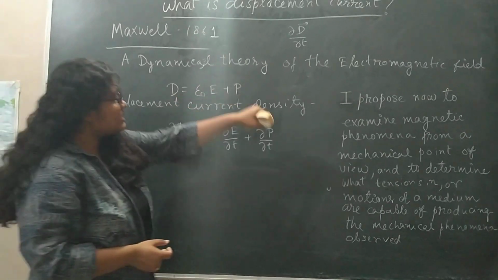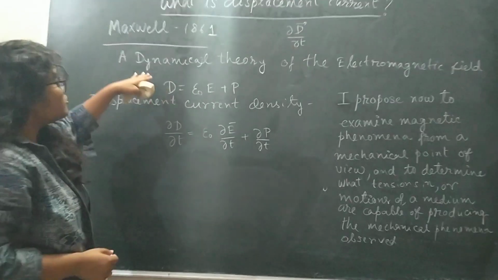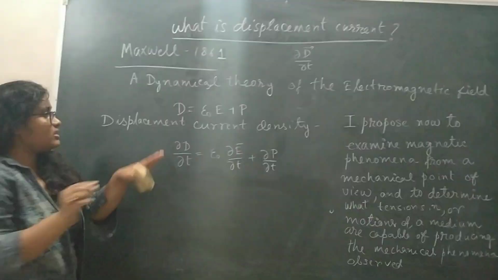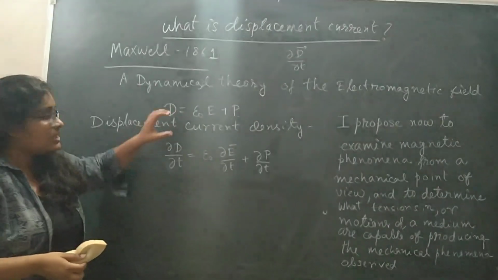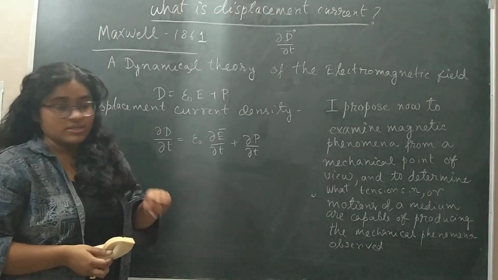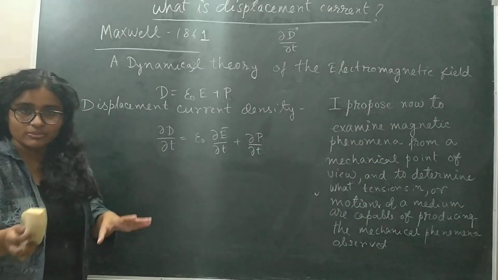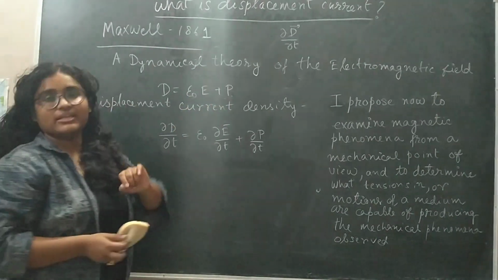Now, del D del T. We know that D is the displacement field. So in general it can be written as epsilon naught E plus P, where epsilon naught is the permittivity of vacuum, E is the electric field, and P is the polarization. Whenever you have a dielectric medium, both the epsilon naught E and P terms exist.